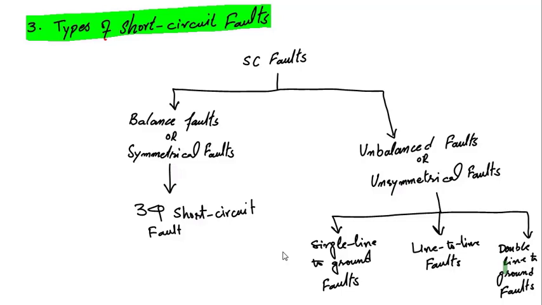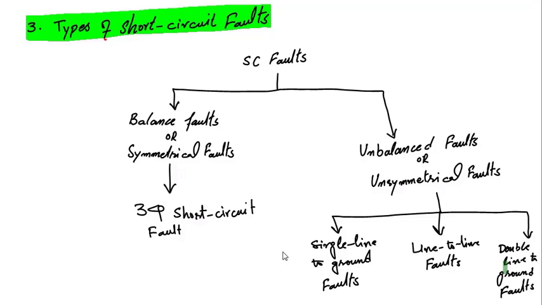Further, the three-phase fault is considered the most severe fault. It means the fault current level will be highest during the three-phase fault, and single line to ground fault is considered the least severe fault. Okay, single line to ground fault is the least severe and the most probable.